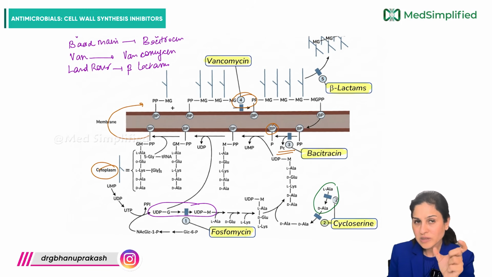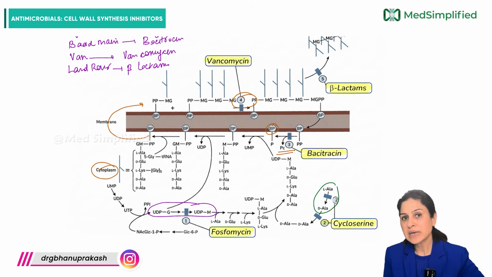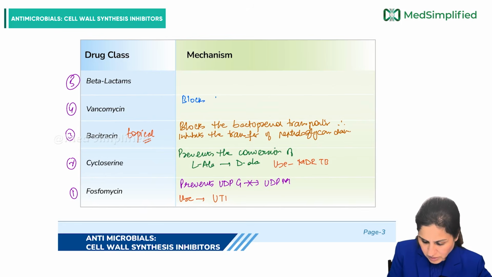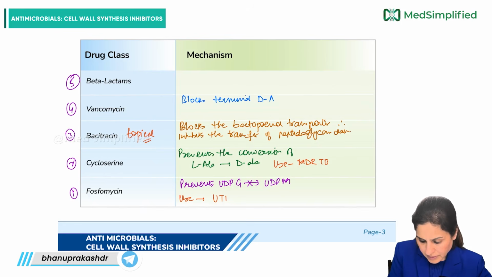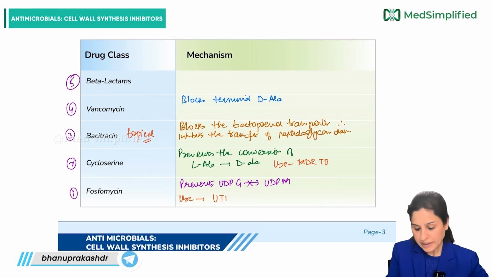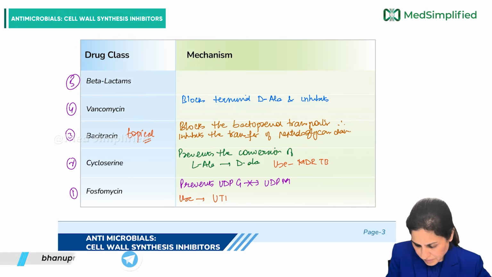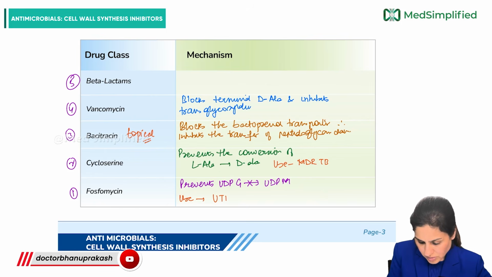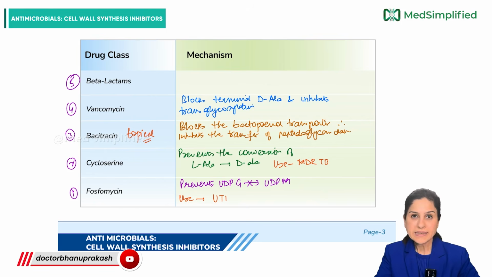It doesn't allow the terminal D-alanine. So what it does is it attaches to the terminal D-alanine and it inhibits transglycosylation. Right? That is the most important.